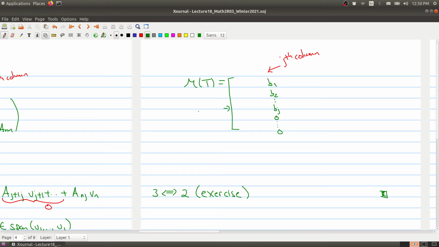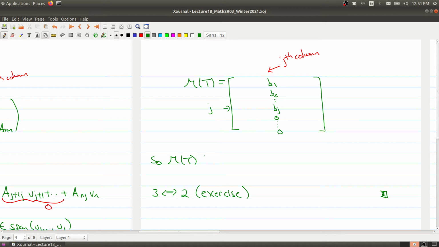And this b_j will actually be in spot j. Now this is going to be true for each of the columns. So in the first column, I'll have something here, maybe it's 0, maybe it's not, but the rest of the elements are going to be 0. In the second column, I will have 2 things in the first 2 spots, but then the rest of the things will be 0. So I end up with an upper triangular matrix.